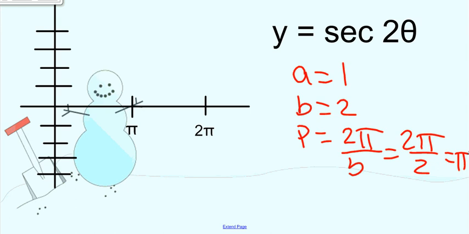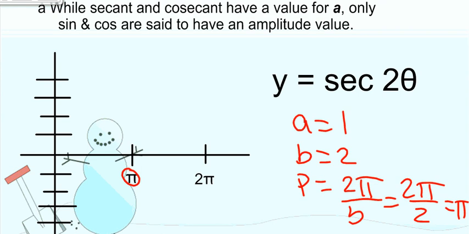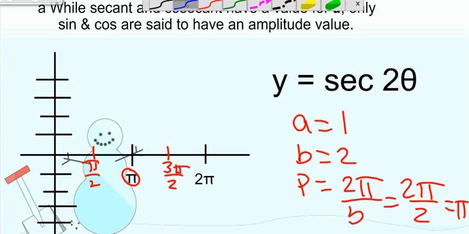Our full period will only come to pi here, and so we're going to have it happening twice. So I'm going to split everything up. If I have a pi, then I normally have pi over 2 and 3 pi over 2. But now this period has gotten smaller, and it's going to go through the full cycle by pi. So there's going to be middle ones in between there.